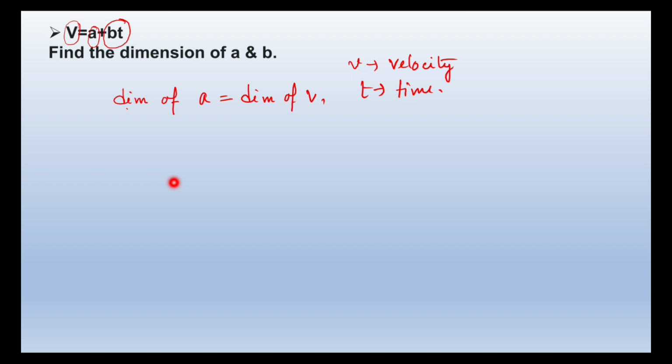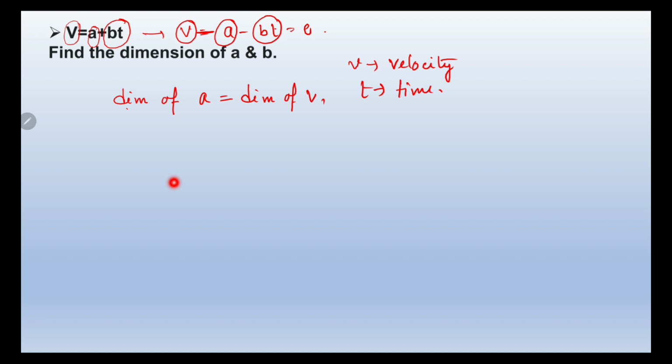If we are adding a plus bt, that means a and bt have the same dimension, and if this equation is right, then we can write v minus a minus bt equals 0. From this we can tell that the dimension of v should be equal to the dimension of a, and that should be equal to the dimension of b into t.